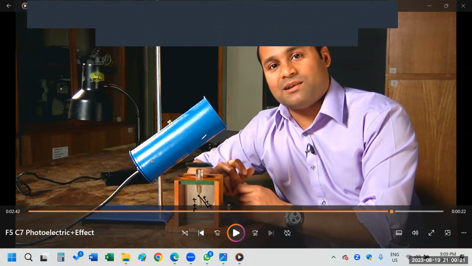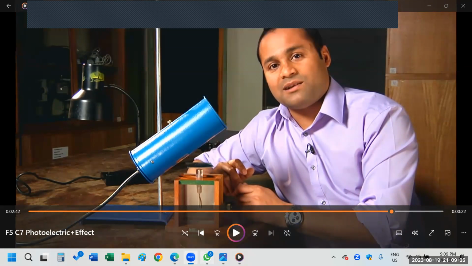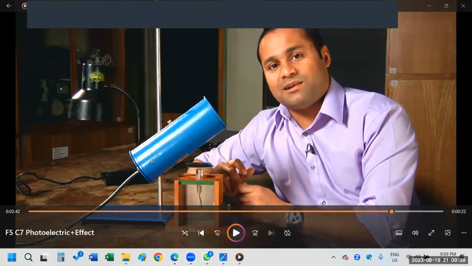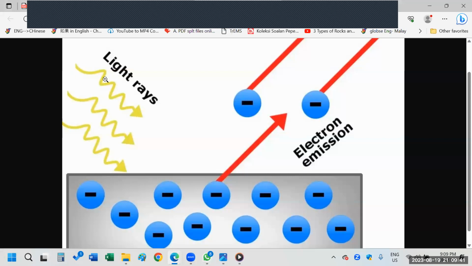Then when UV light shines on the zinc plate, it will release electrons and neutralize the charge, so the gold leaf becomes closer. Okay, so the diagram is like this. So when the light shines on the metal plate, it will give out the electron, right?